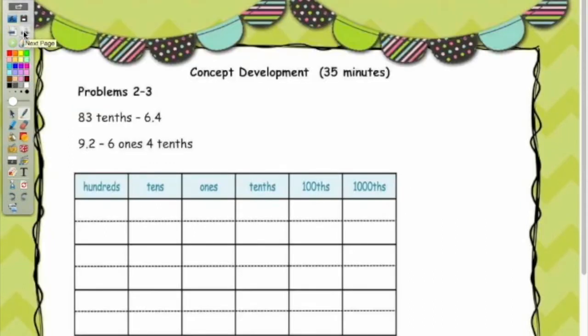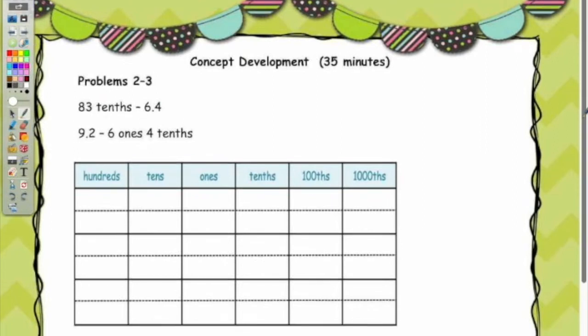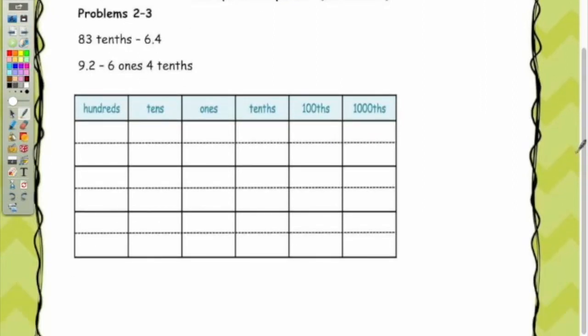Okay, so the next one, let's do the last one. Okay, so are you with me? Yes. So 9 ones, which would be 5 and 4 on the dots, right?